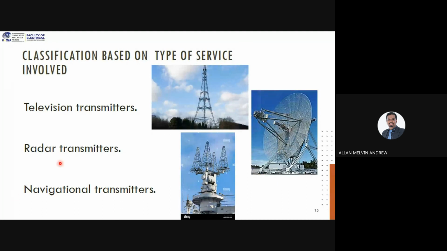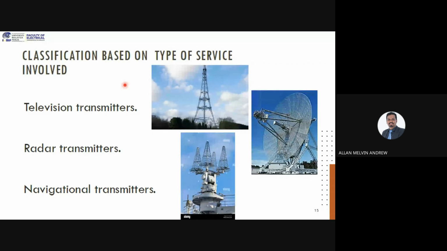And we have navigational transmitters. Navigational transmitters usually will be on transportation, like ships, used for navigation. It will be a smaller type of antenna, but it's quite powerful also to transmit information. This is on the ship. We also have navigational transmitters on aircraft, where we can communicate.